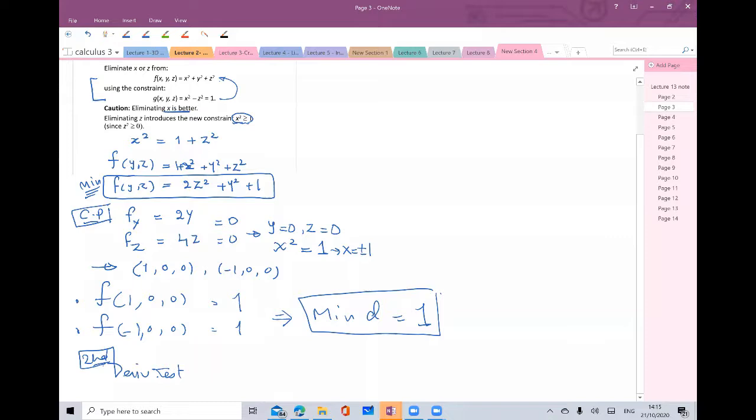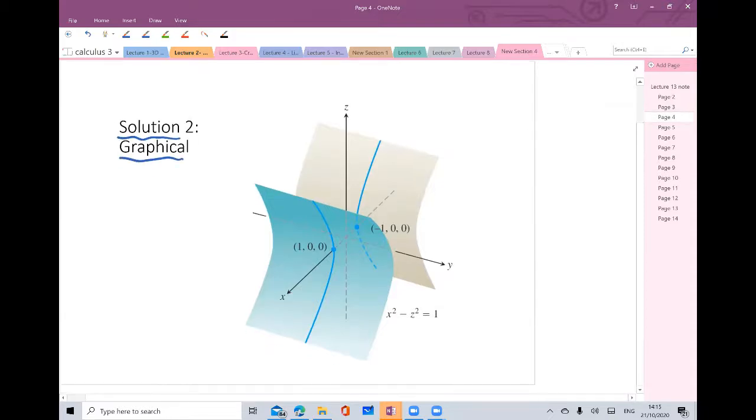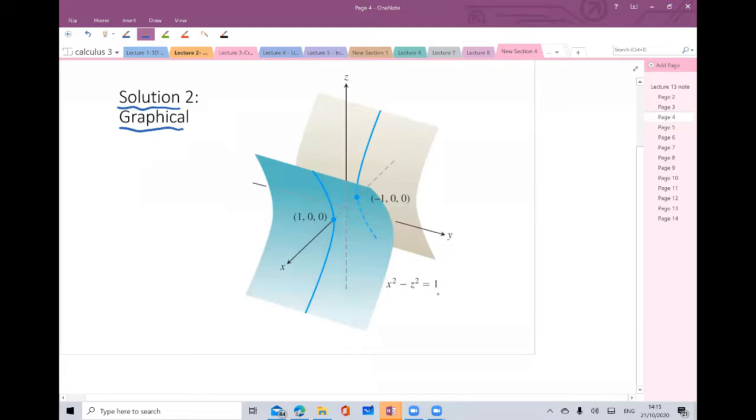I want to revisit this problem using a graphical solution. We can definitely sketch this hyperbolic shape, x squared minus z squared.